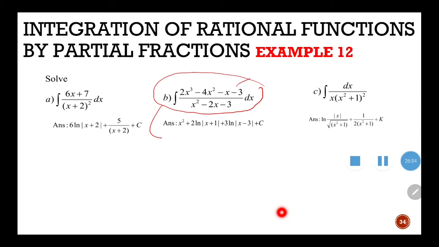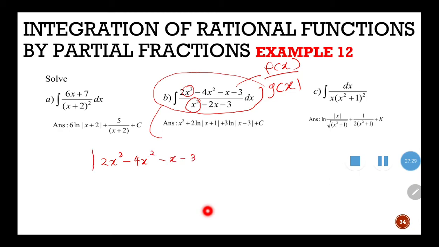Because the power of fx here, x to the power of 3, is larger than gx, which is x to the power of 2. So first we must rectify this equation. What you have here is 2x to the power of 3 minus 4x squared minus x minus 3. What do we do if we come across this kind of question?